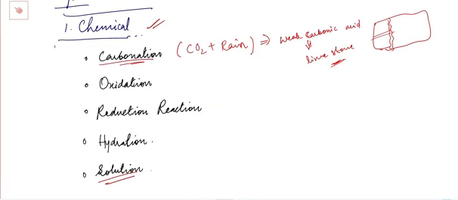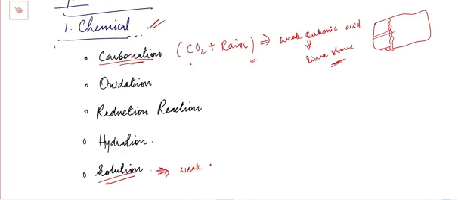And we have to see here what solution is. Solution is similar to carbonation, but the only difference is that here the water, or the solution, is already weakly acidic.